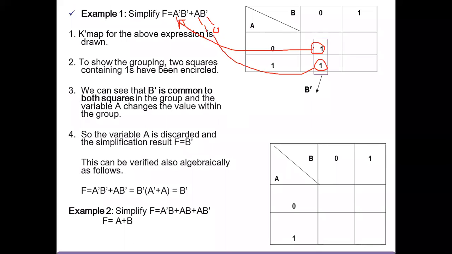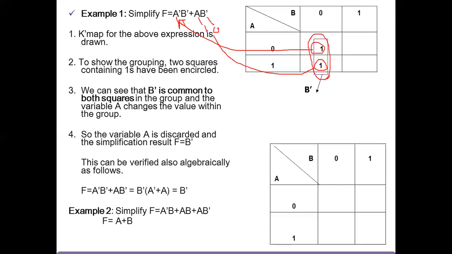They should be adjacent cells. So adjacent cells have value 1 like this. So you make a group like this. You have one group, it should be as big as possible and the number of groups as small as possible. Now you have formed one group.